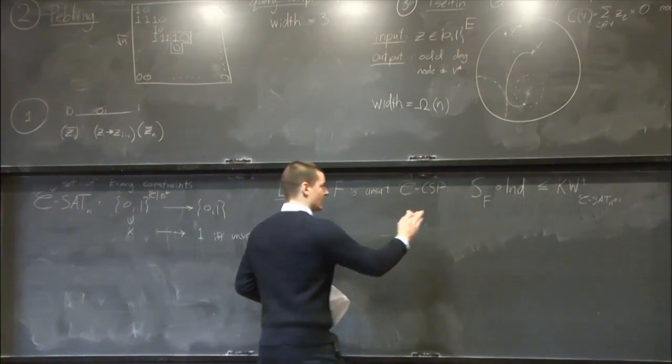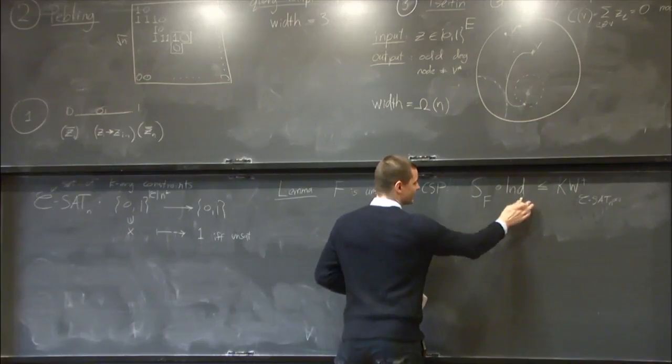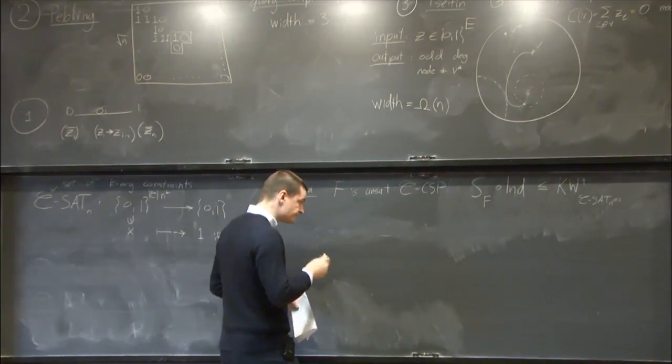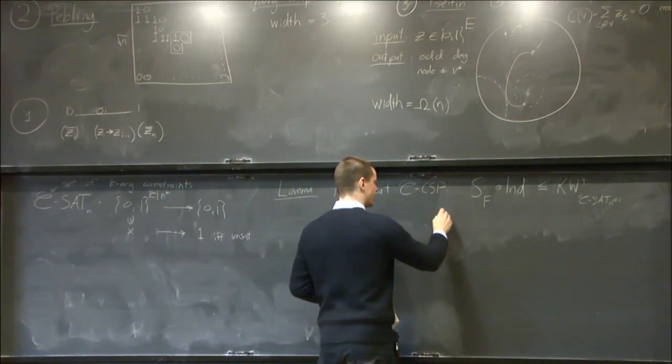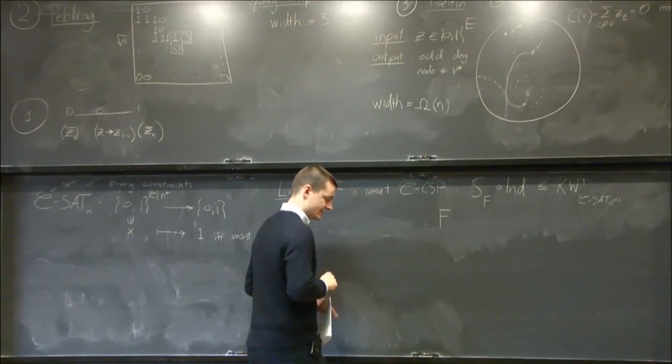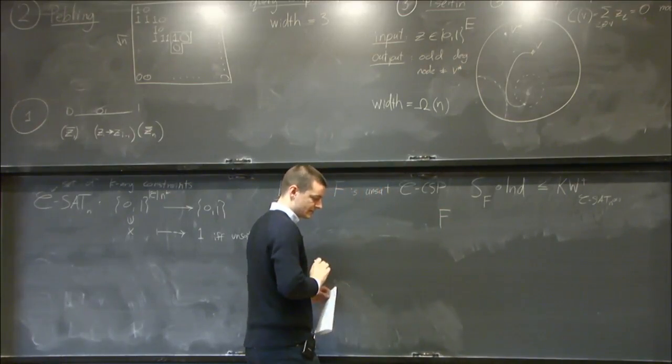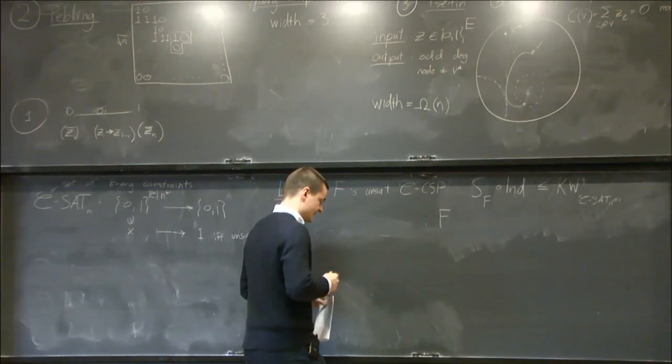So let me kind of draw a picture of what this search problem looks like. I have my F, which is this fixed, unsatisfiable system of constraints.